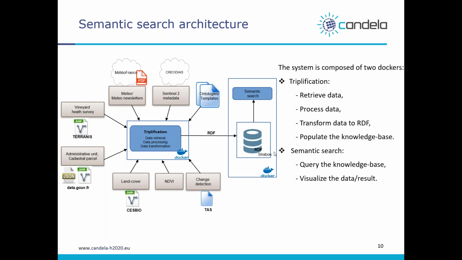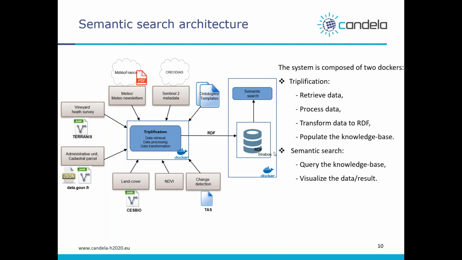And we have identified many auxiliary data, such as the weather forecast measure and the weather forecast newsletter, and also the administrative units, cadastral parcels, and the land cover. The auxiliary data may be useful and can explain the use case or the results of a partner.